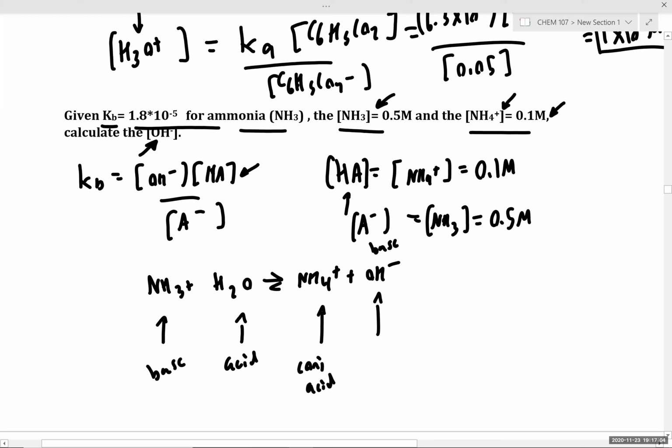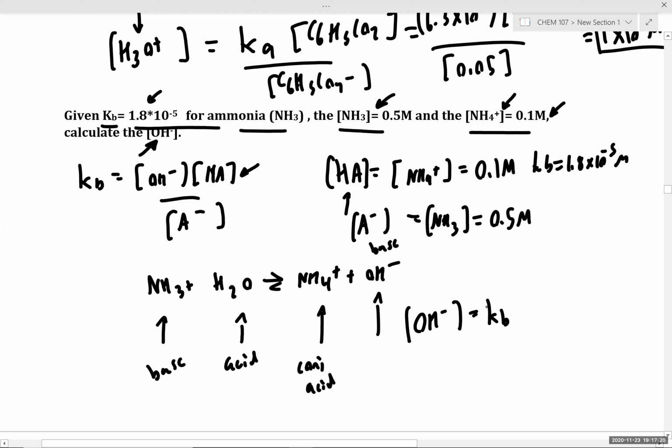So then, solving this equation, we also know, given in the problem, the Kb is 1.8 times 10 to the negative fifth molar. So solving for the concentration of hydroxide, we get Kb times the concentration of A minus over the concentration of HA.